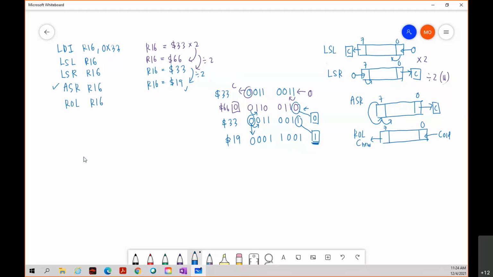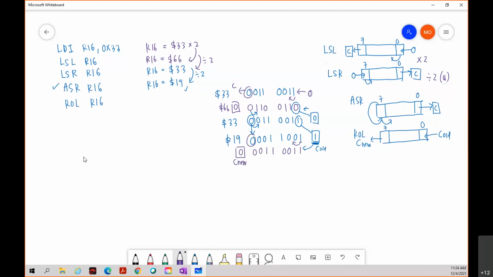So what happens here? This C, your C old, will go to your bit 0. Bit 0 will be shifted to the left by one bit, and the rest will follow. And this bit here will go to your new C. So this is your C new.